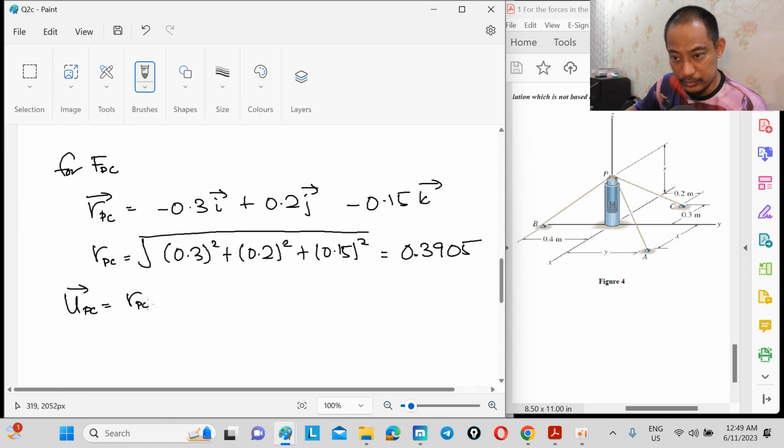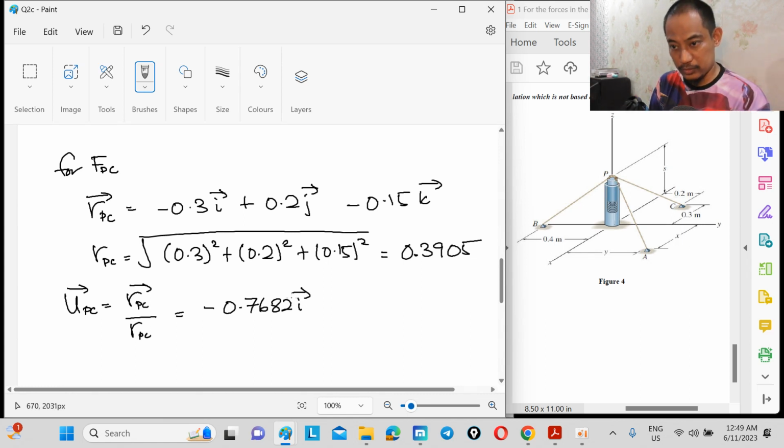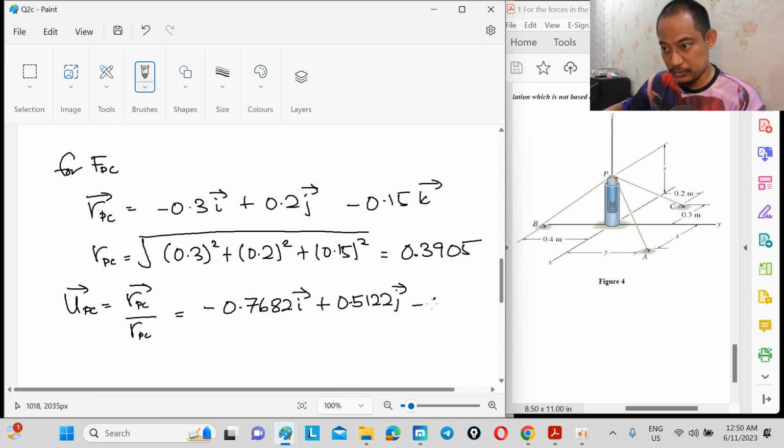UPC is RPC divided by its magnitude: 0.3 divided by 0.3905, so you get minus 0.7682i; 0.2 divided by 0.3905, plus 0.5122j; 0.15 divided by 0.3905, so it is minus 0.3841k.